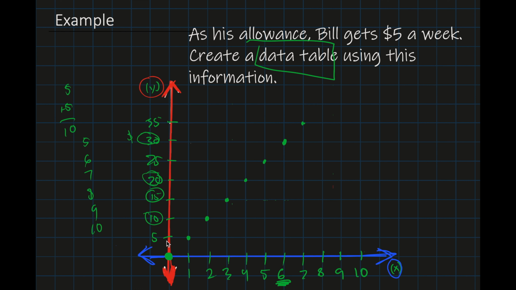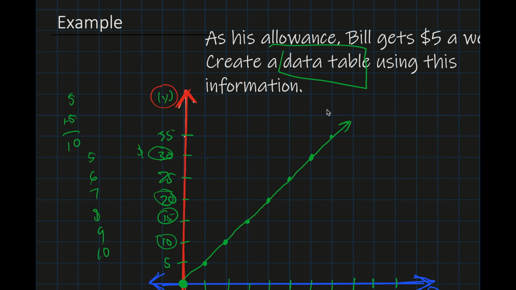I'm going to draw a line that connects everything. You want to make it as straight as possible. As you all know, I struggle with making straight lines, but honestly, that's not bad. So what this shows is that this pattern of points will continue onwards. This line will continue on forever, showing that it will always be there.